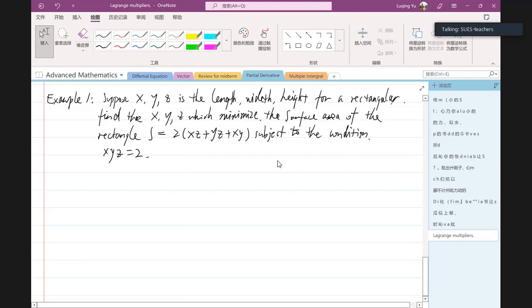Usually we have a 2-dimensional space, but the thing is pretty similar. So what we can do is, the solution here is we let the big F(x, y, z, lambda) equal 2 times (xz + yz + xy) plus lambda times (xyz minus 2).